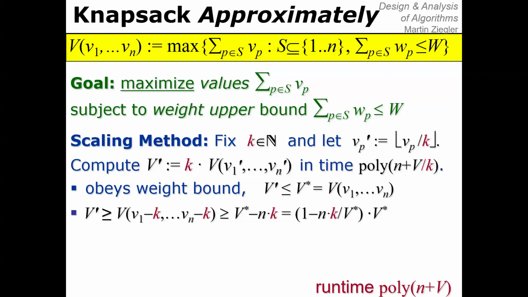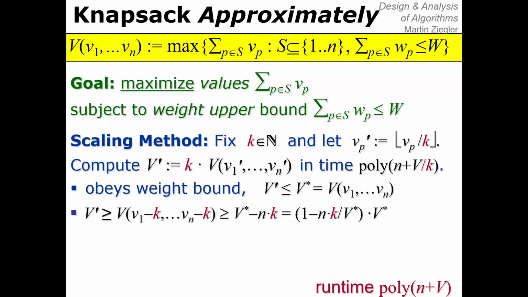So that's the two crucial inequalities. The value that we output is at least the optimal value after decreasing the value of each packet by k, and the optimal value with each packet value decreased by k is at least the optimal value before the price tag adjustment minus n times k.